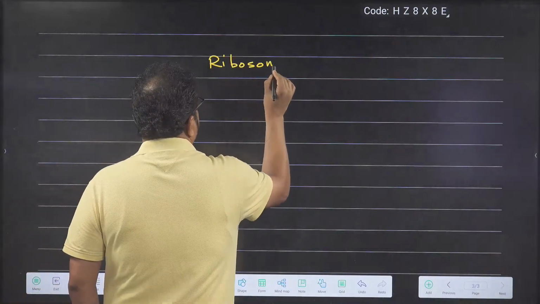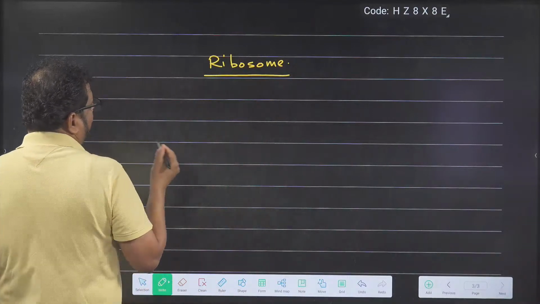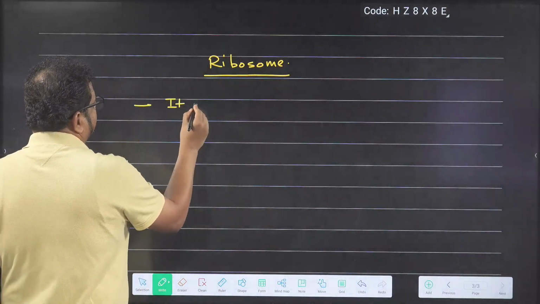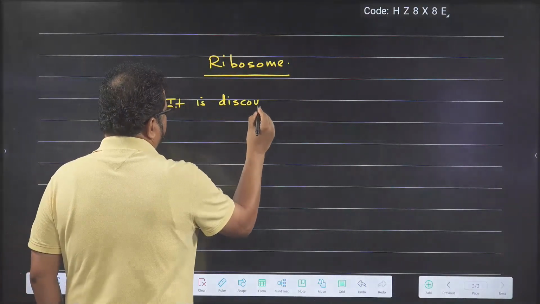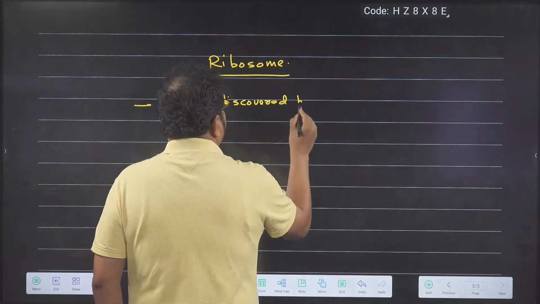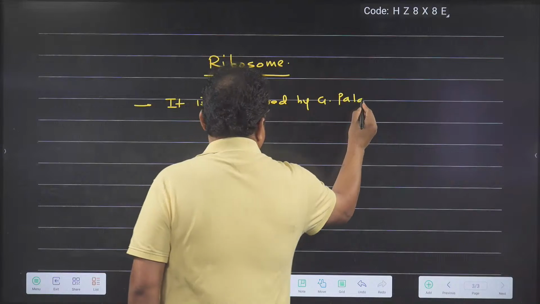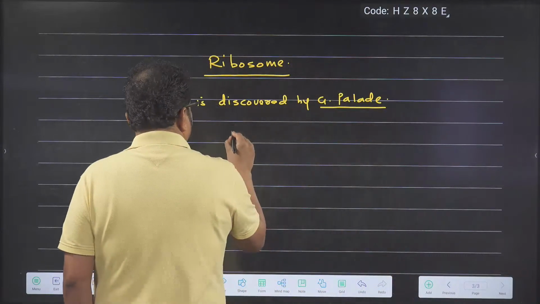Ribosome. So if we talk about ribosome, it was discovered by George Palade.